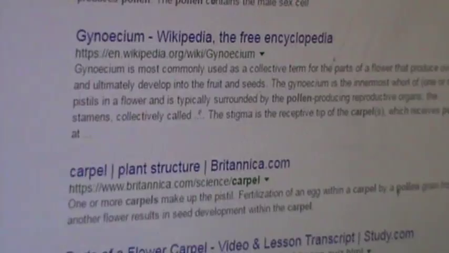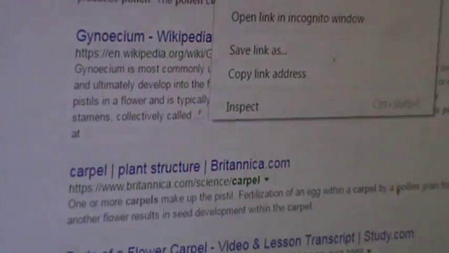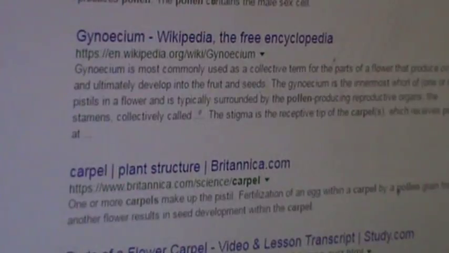And let's see, I just want to make sure I know. The anther produces pollen. Well, does not the pollen arrive on the carpal? Is that the idea?